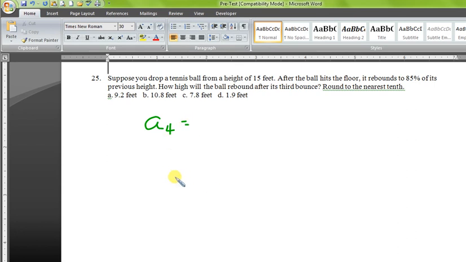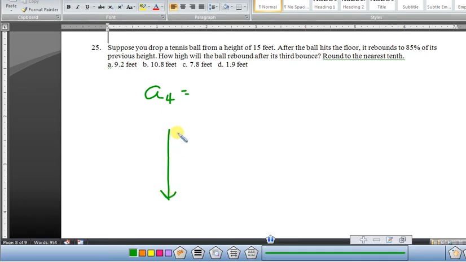And again, you can draw yourself a picture here. It's going to hit the ground. It starts out here at 15 and hits the ground once, goes back up, comes back down, hits the ground twice, goes back up, comes back down, hits the ground 3 times, and then it goes back up.